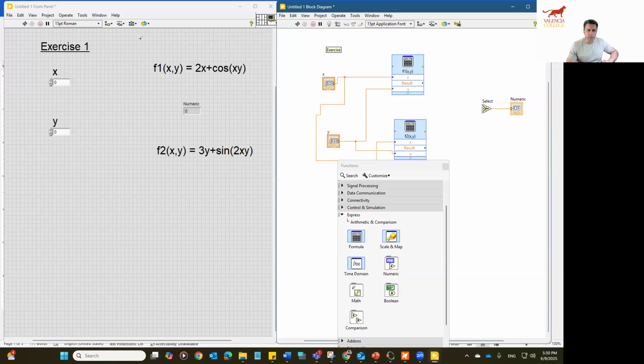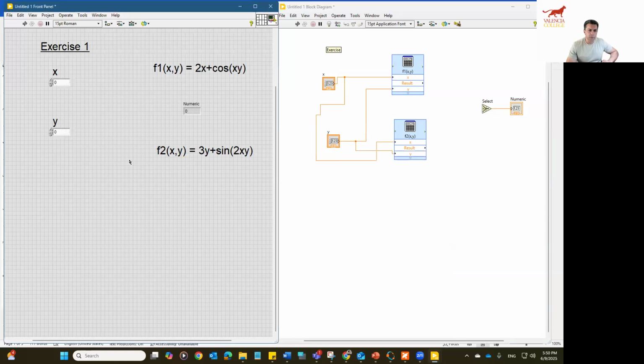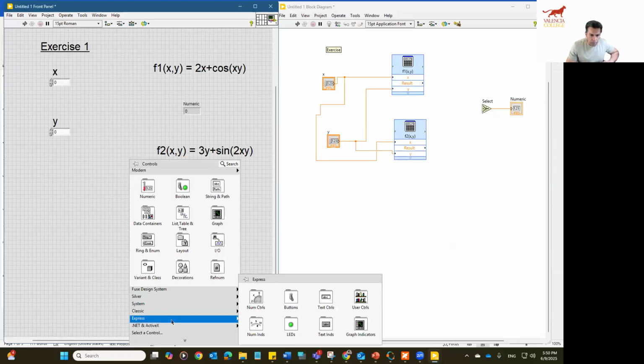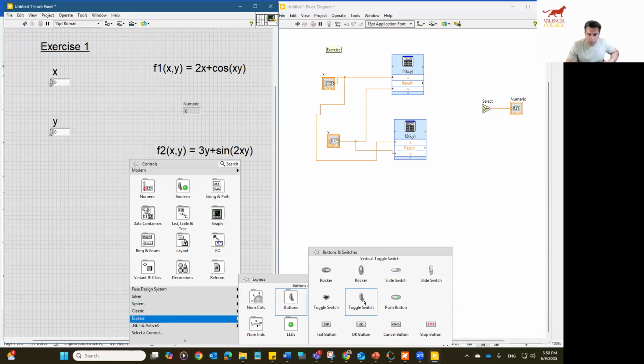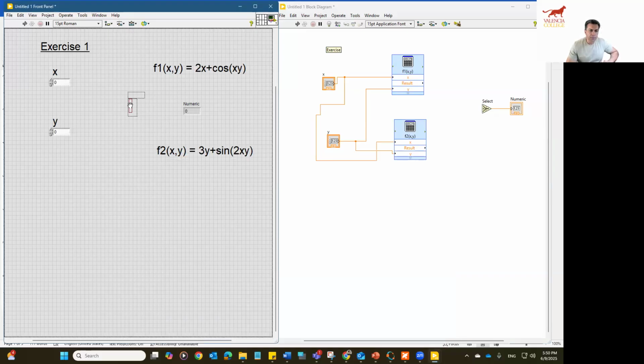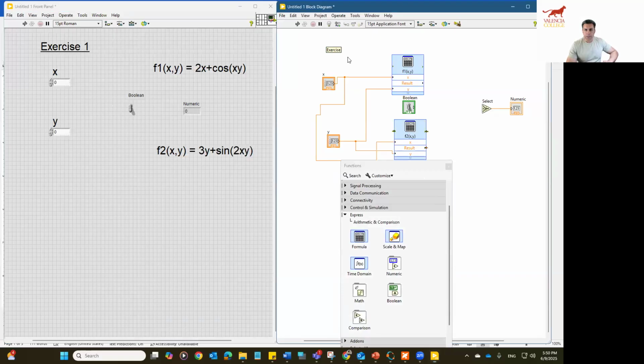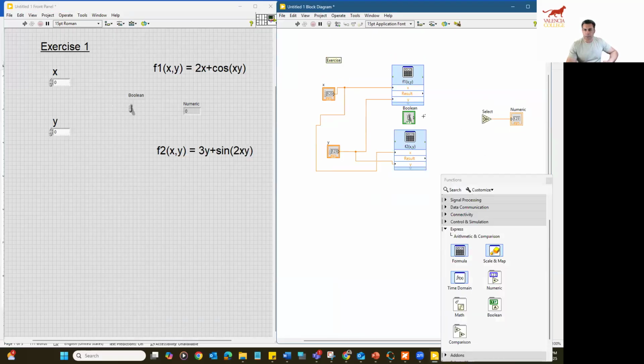Oh, so it's looking at the wrong place. Switch is in the control library, because that's part of your signal. So I'll go switch. So this is the switch that is going to be used in order to select either F1 or F2. And that switch is right here, Boolean. And that I'm going to connect to the middle part.